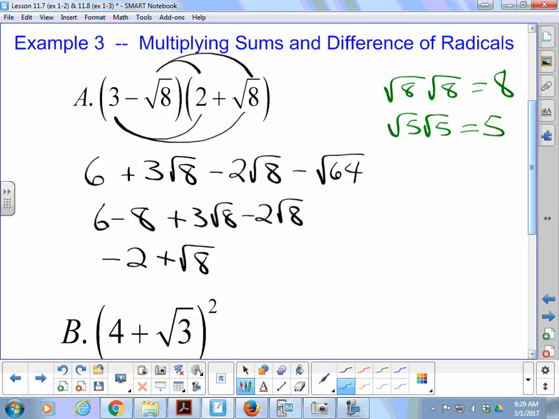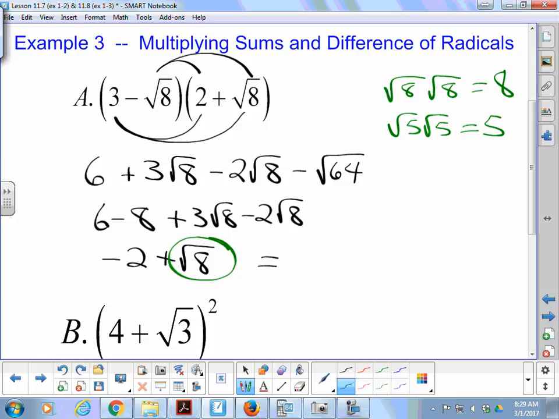But is that the final answer? It's not, because we can still simplify this square root of 8. Like I said, this is one that you're going to see a lot, so you can memorize it. This is 2 square roots of 2.